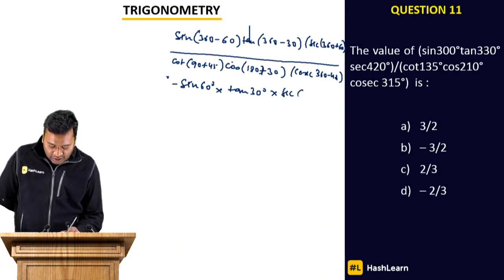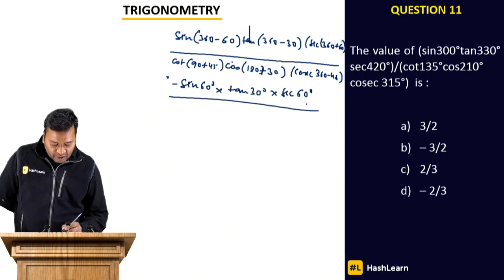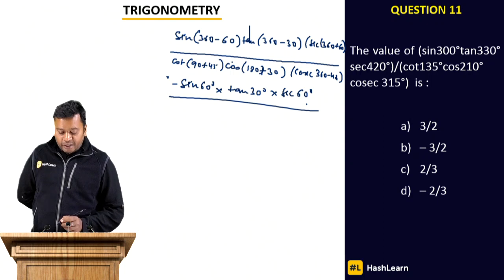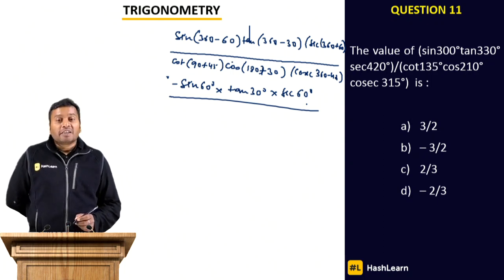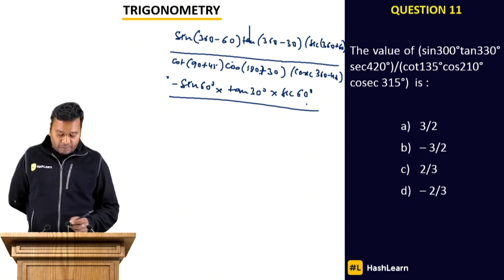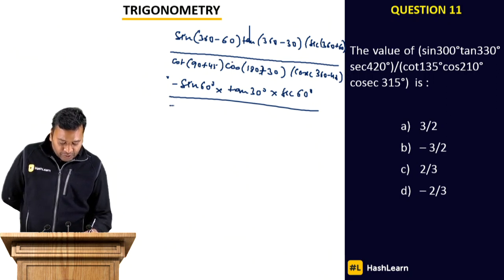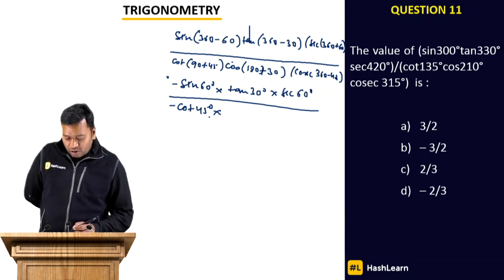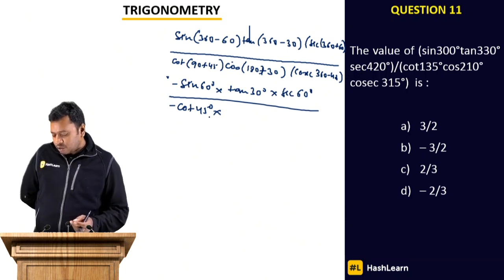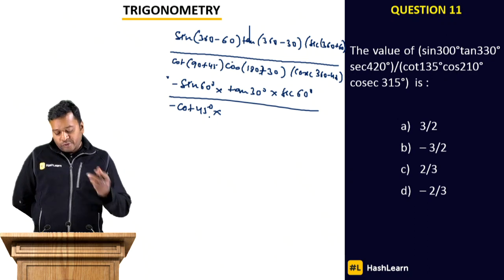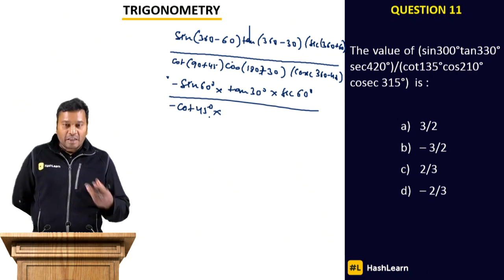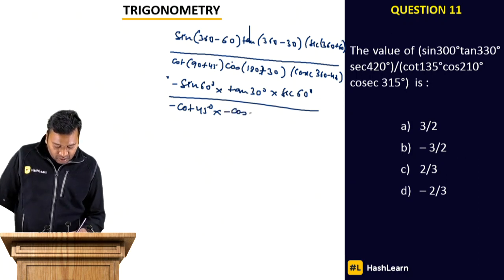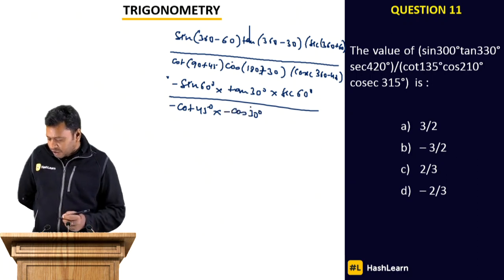That's what sec 60 degree divided by cot 90 plus 45, right? So I'm talking about cot 45. In the second quadrant only sine will be positive, right? So that means it's minus cot 45 degree, then cos 180 plus 30. Third quadrant means only tan value is positive. That means cos is negative here. So minus cos 30 degree will be the value here.